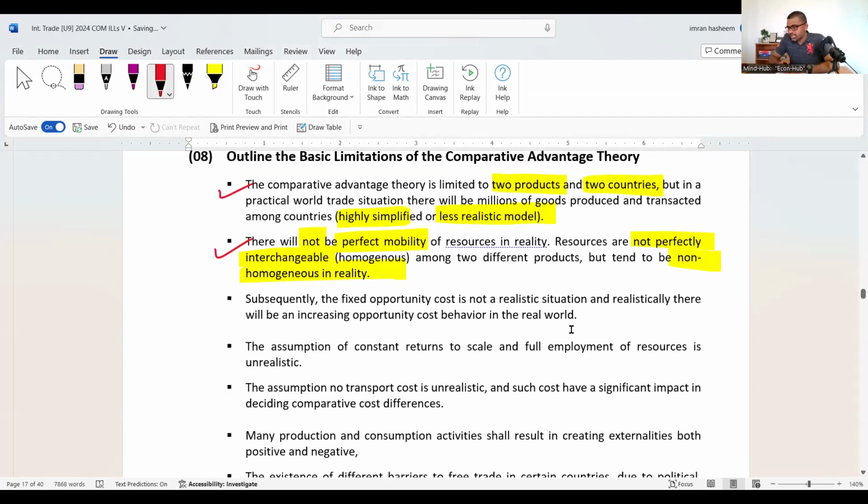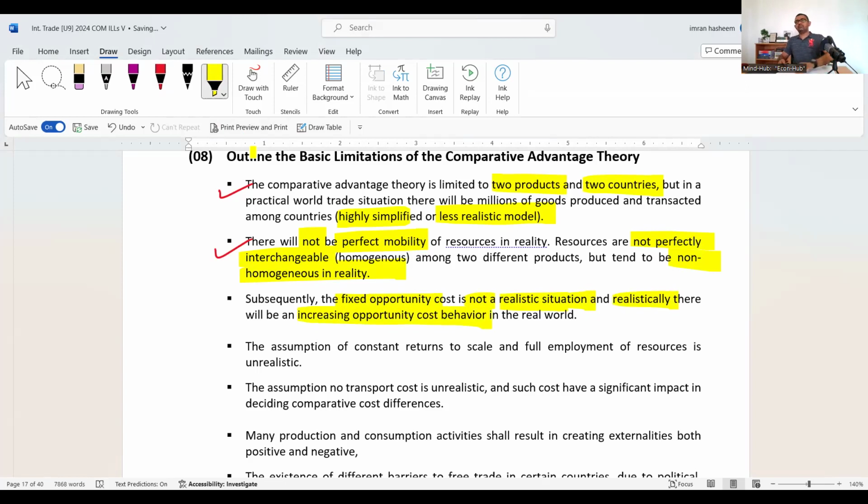Thirdly, subsequently, based on the first two limitations we have established, the fixed opportunity cost is not realistic. It's not a realistic situation. Realistically, what happens? There is always increasing opportunity cost behavior.